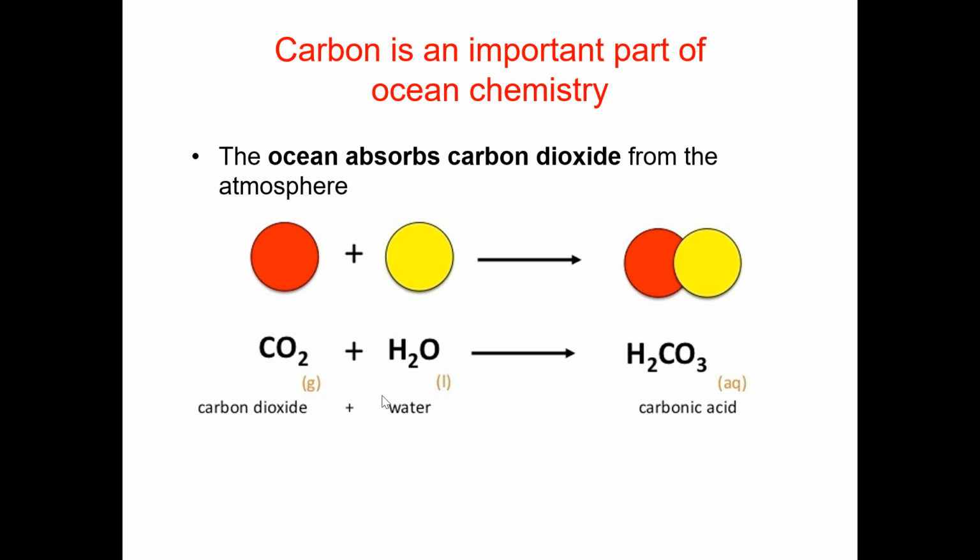Now, it's not a really high amount. This process is relatively small doses, but since we have so much carbon dioxide, it's enough to make some significant changes over time to the pH of our oceans and waterways.